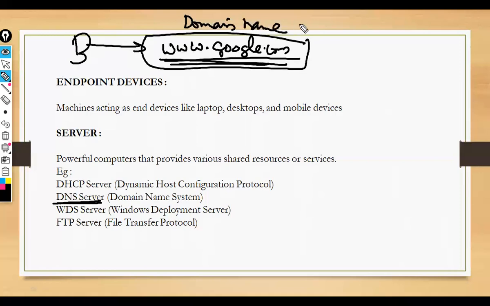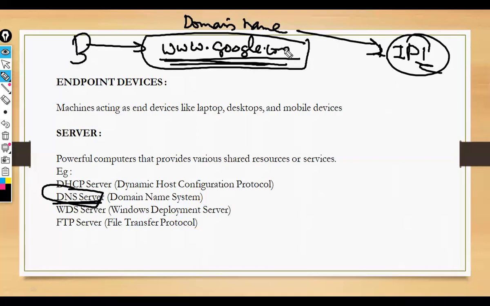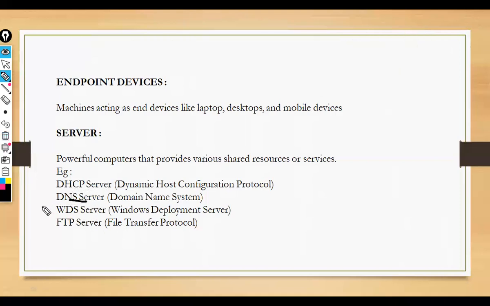This domain name should be converted to the IP address. So this server, the DNS server, will convert google.com, www.google.com to the IP address and back. So the server which converts the domain name to IP and back is called the DNS server or the Domain Name Server. Clear?